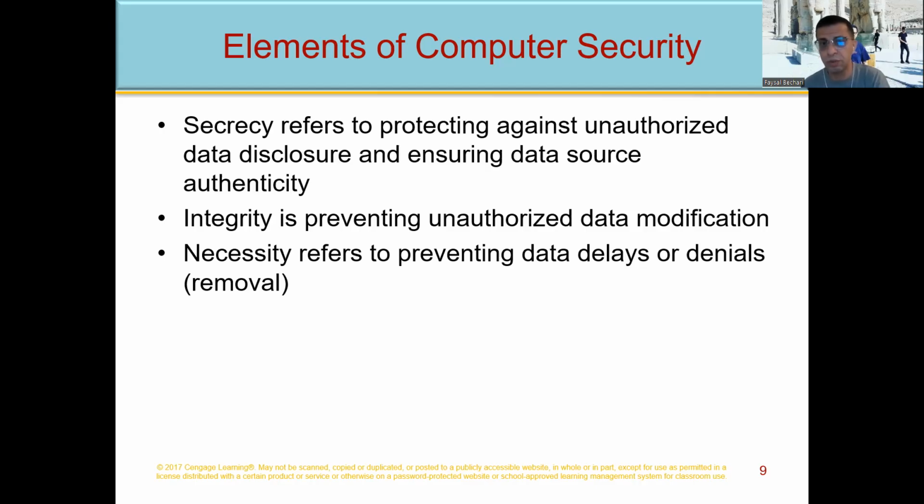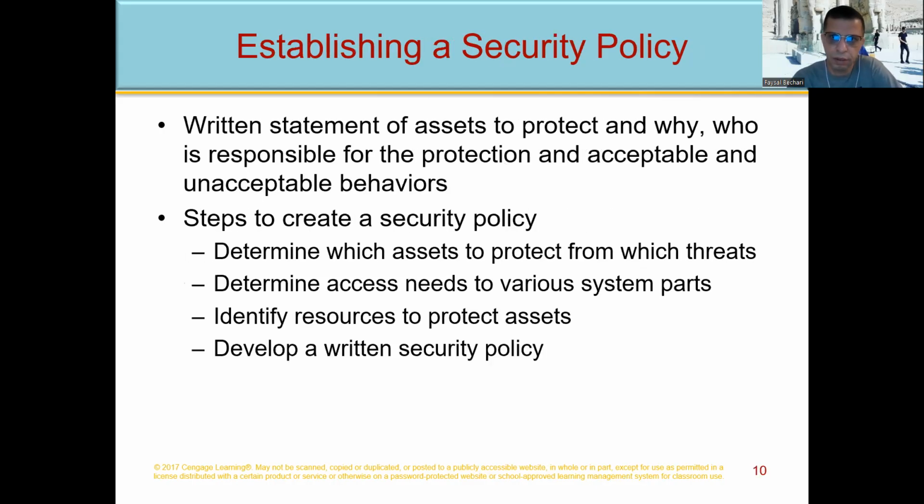Integrity is preventing unauthorized data modification. Necessity refers to preventing data delays, denials, or removals. Imagine one student says that I changed marks in the college. What are the consequences of that?